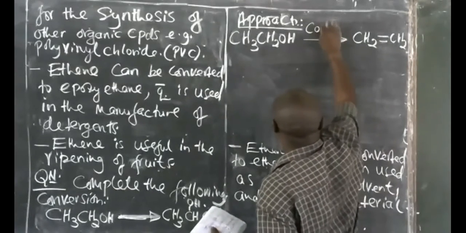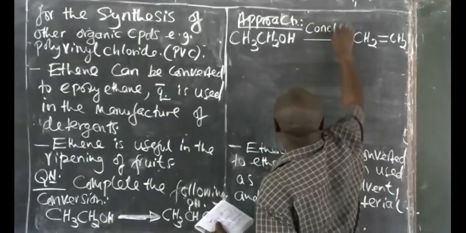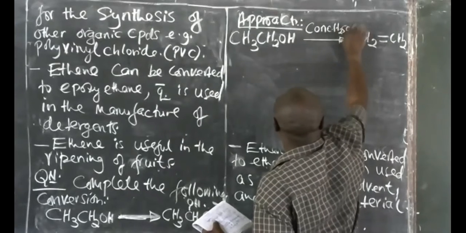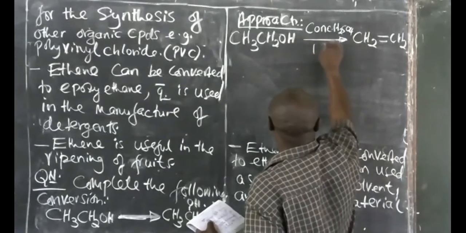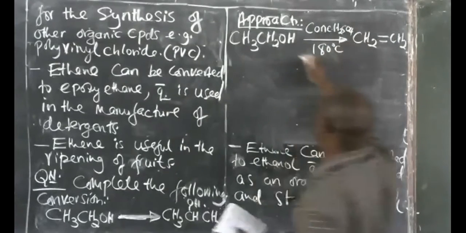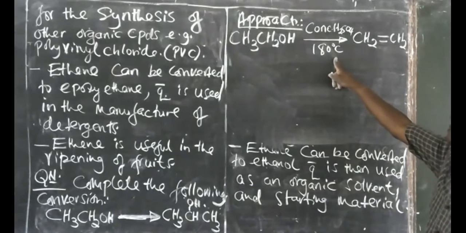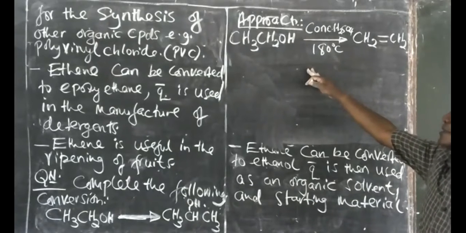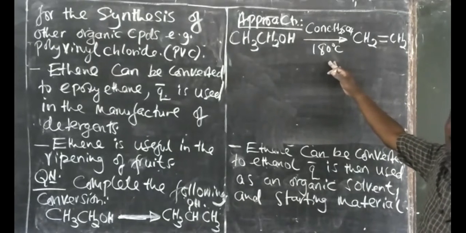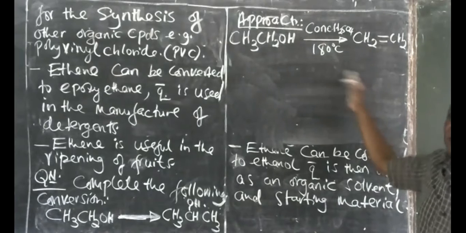Here come sulfuric acid, 180 degrees centigrade. We don't put 170 at 180. Now here we become specific. If it is 170, put 170. If it's 180, put 180. Don't put what? In between.